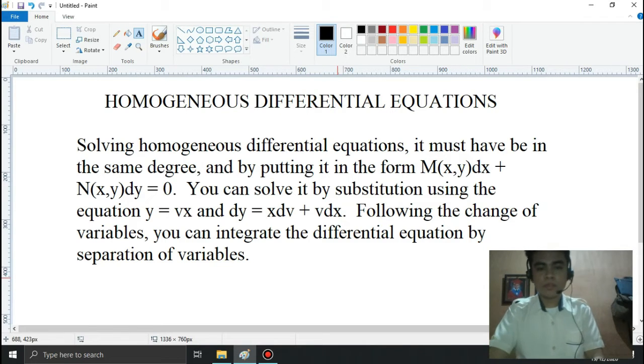We are going to discuss and solve homogeneous differential equations. To solve them, the terms must be of the same degree.